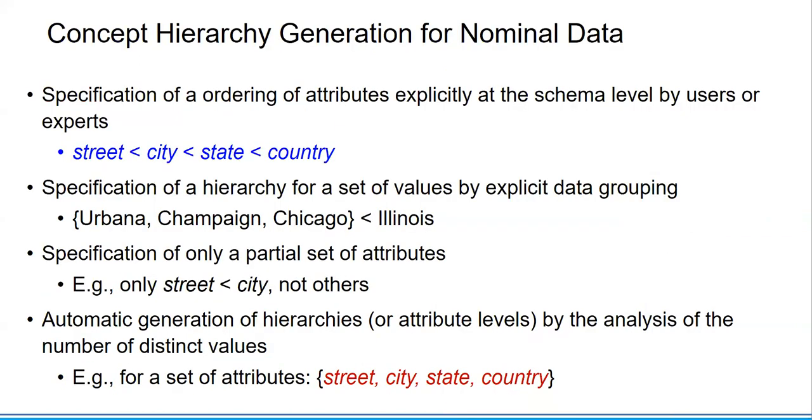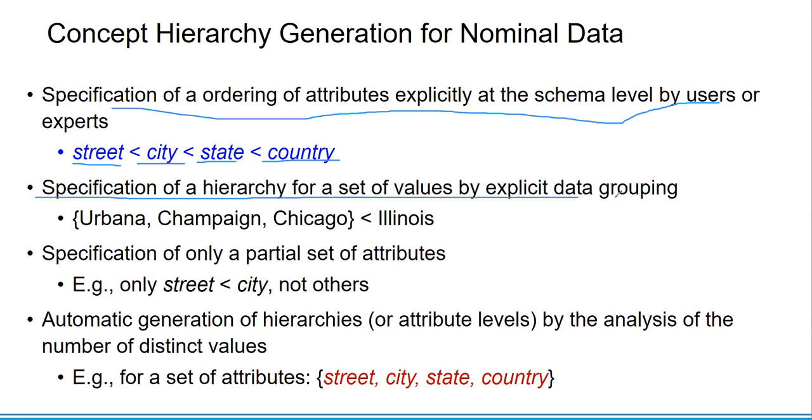The concept hierarchy generation for nominal data can be used, for example, for an address. If you have an address, you have the specification of the ordering of attributes explicitly at the schema level by users. So street is the lowest, then city, then state, and then country. There can also be a specification of a hierarchy for a set of values by explicit data grouping. For example, the city Urbana, the city Champaign, the city Chicago, are in the state of Illinois.